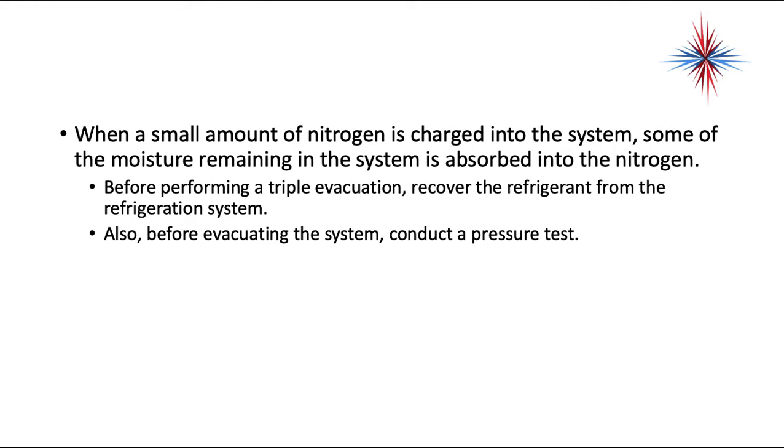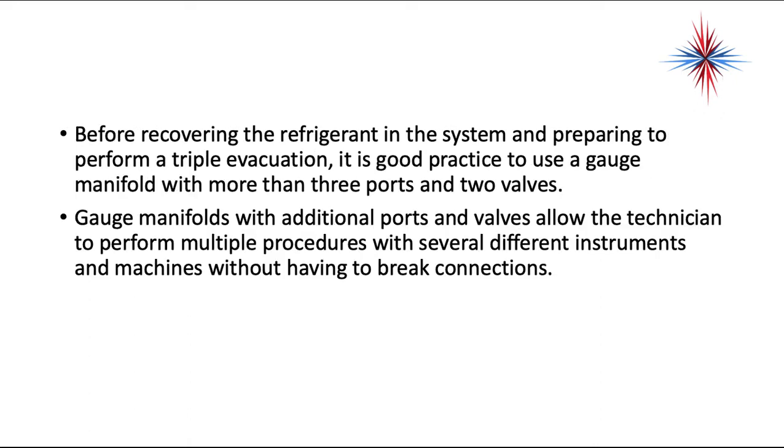Before performing triple evacuation, recover the refrigerant from the refrigeration system. Also, before evacuating the system, conduct a pressure test. Before recovering refrigerant in the system and preparing to perform a triple evacuation, it's good practice to use a gauge manifold with more than 3 ports and 2 valves.